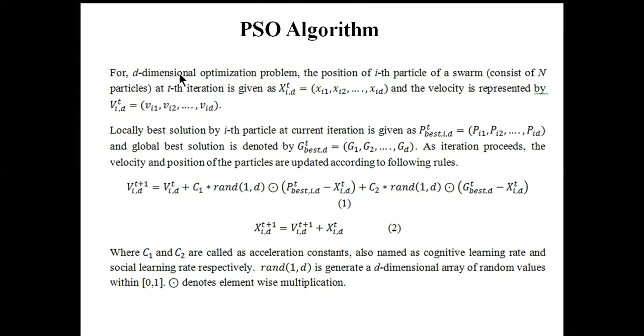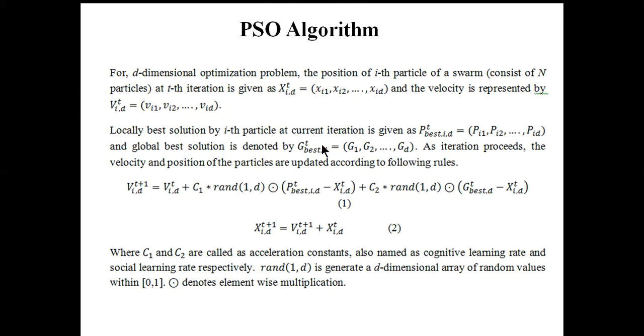Again, as this is a d-dimensional optimization problem, each velocity consists of d number of variables. Now we already told about the two pieces of information, locally best solution and globally best solution.